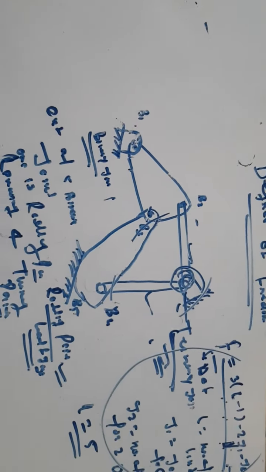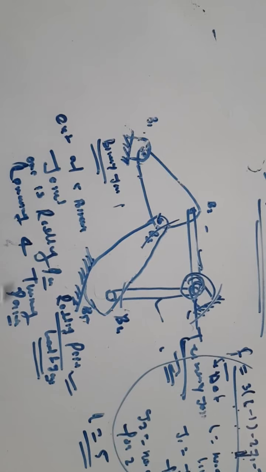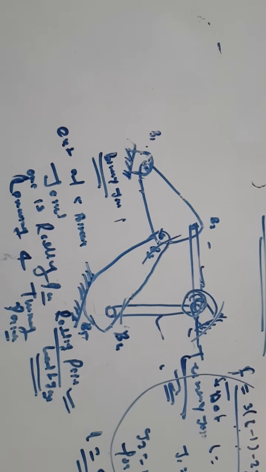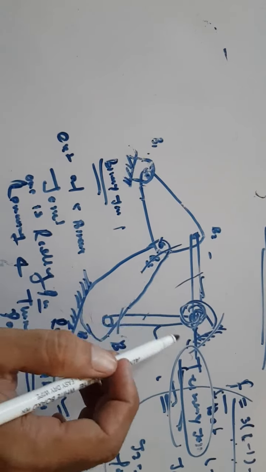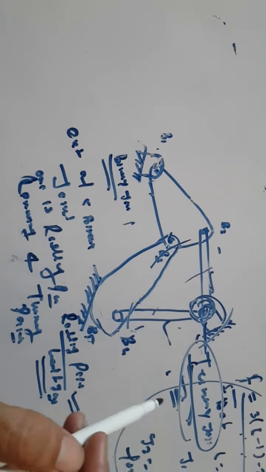As we can see from the diagram and the structure, there is one ternary joint here, and 3 links are connected with the ternary joint.